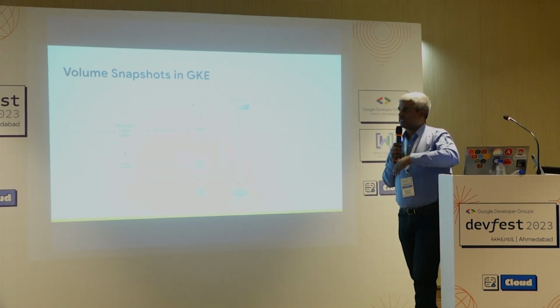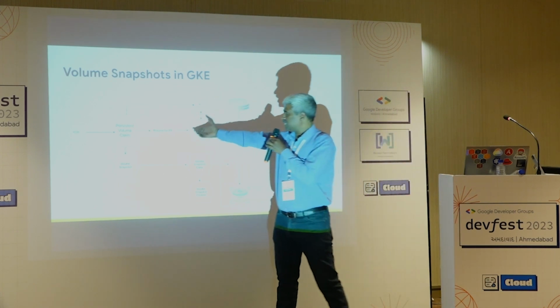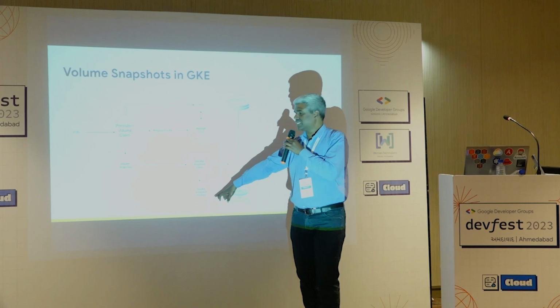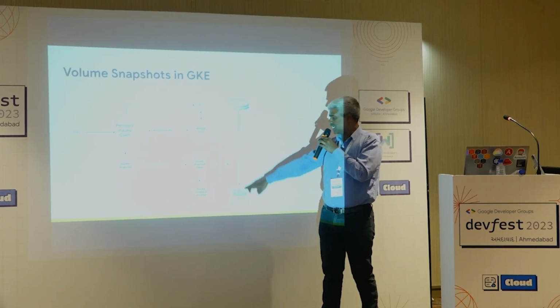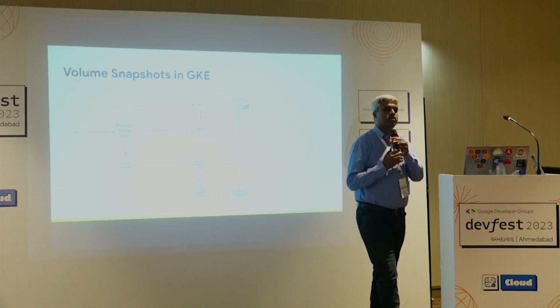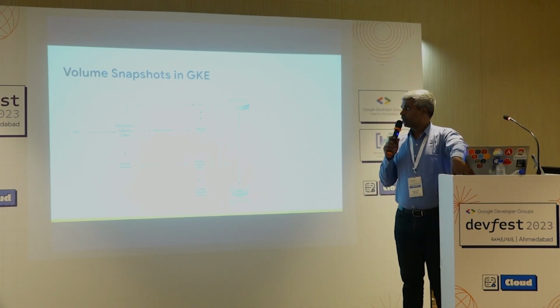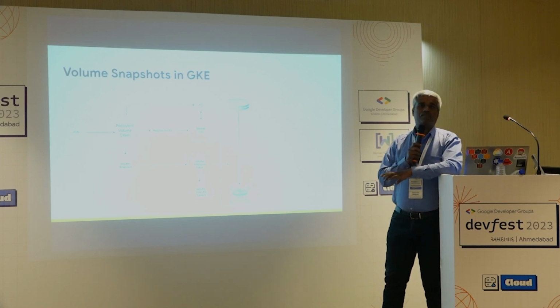And this is the actual implementation of it. The pod goes to the PVC, you create a snapshot, it goes to the volume snapshot class and content, and then it gets replicated. This is my disk, and this is getting replicated here. So this slide clarifies how my snapshot can work or be achieved.